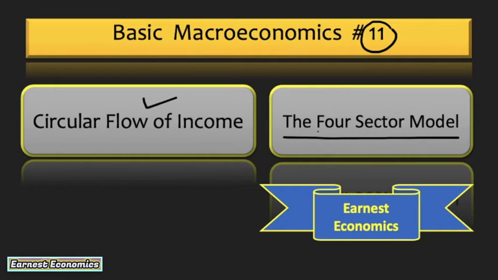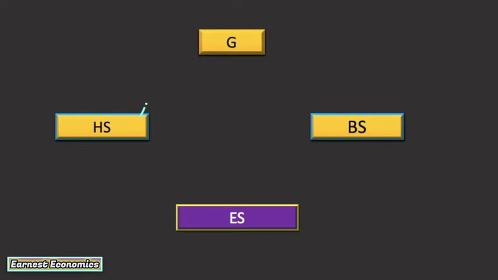First we will take a look at what the four sectors are that are included in the four sector model. Now we have already studied the three sector model and the nature of circular flow of income between household sector, government sector, and the business sector.